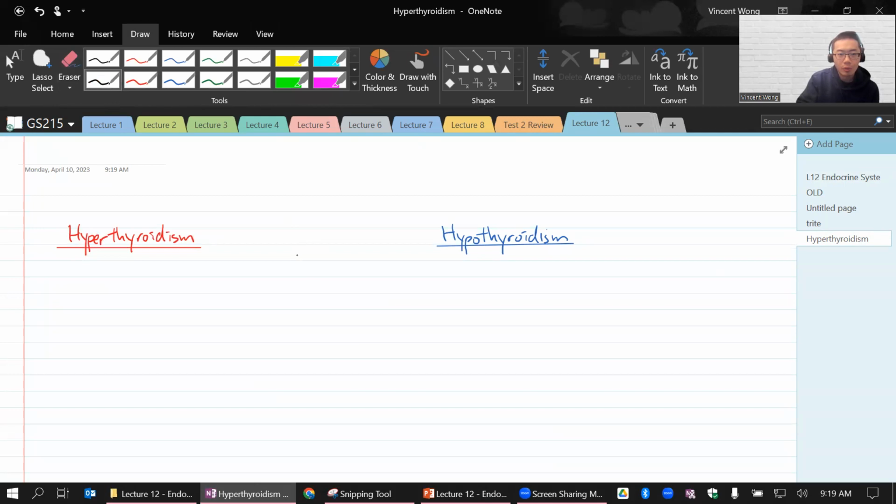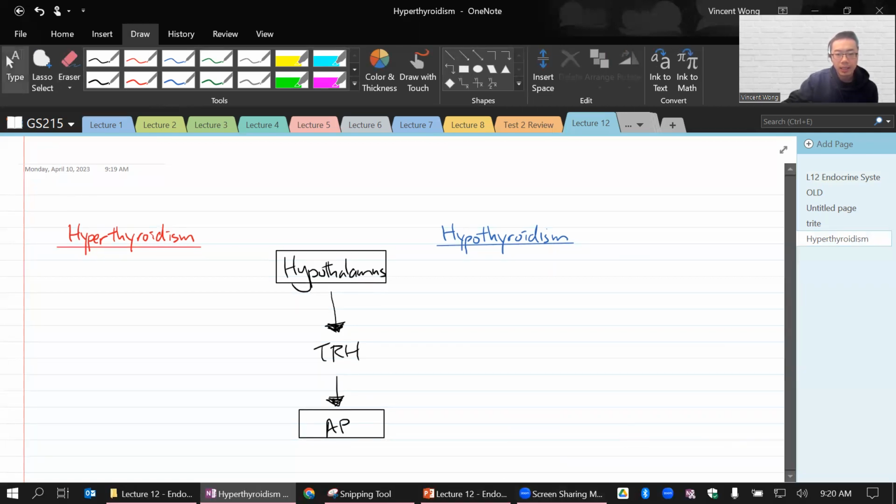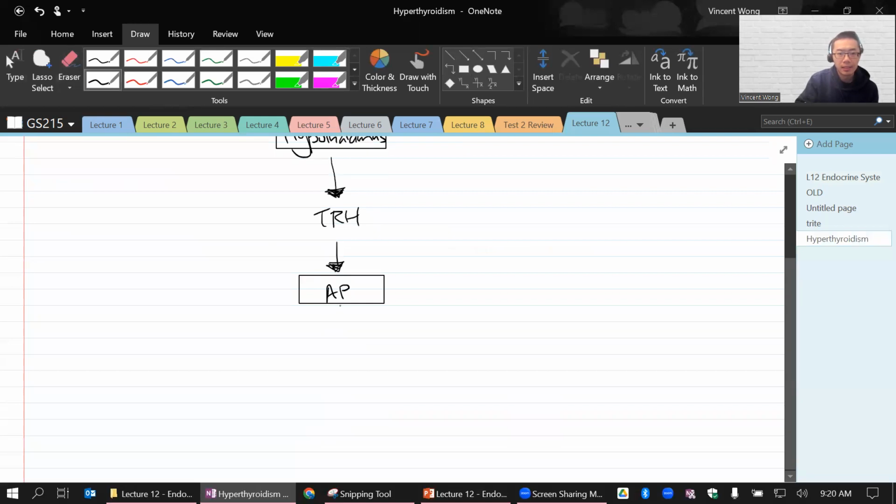Now I'm just gonna draw the normal path here in the middle one more time, so you remember it. Okay, so we start with the hypothalamus. The hypothalamus is gonna pump out, hopefully you remember by now, TRH, which then acts on the AP, right? And then the AP is gonna release the TSH, right?